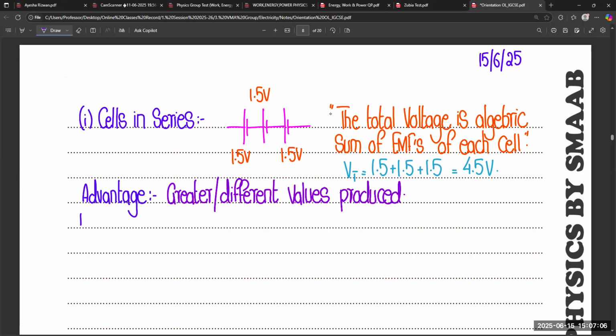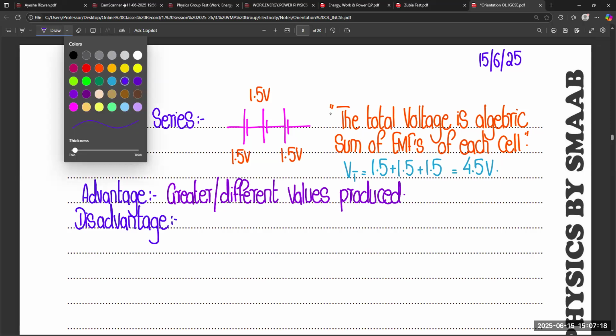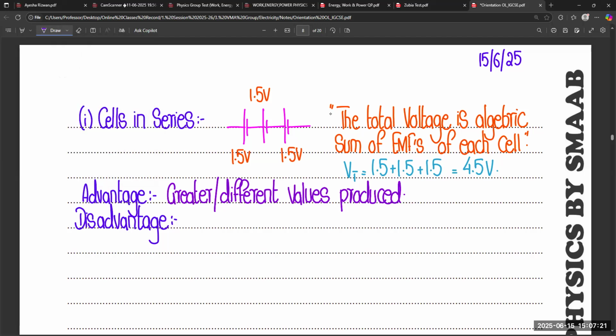And the disadvantage: if one component stops working, the whole circuit will also stop.